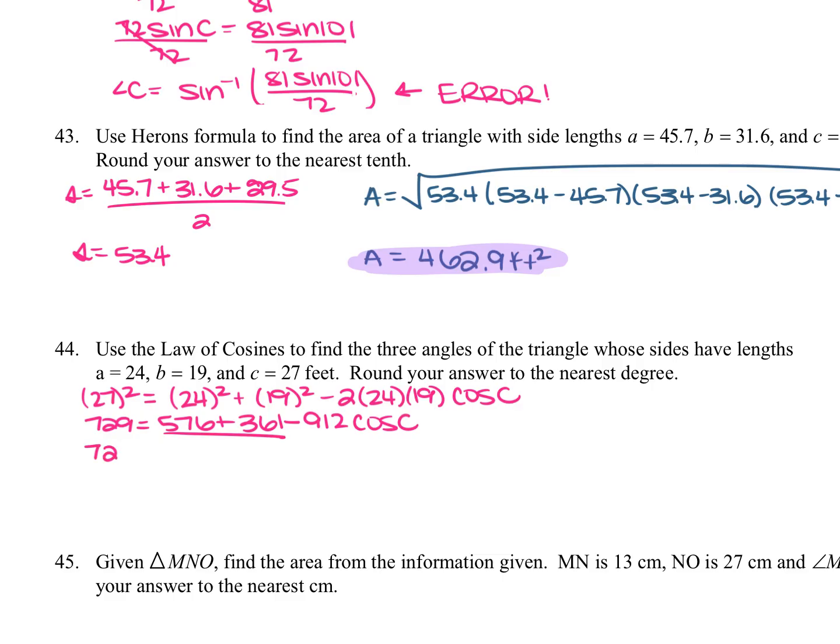So you're going to have 729 is equal to 937 minus 912 times the cosine of C.